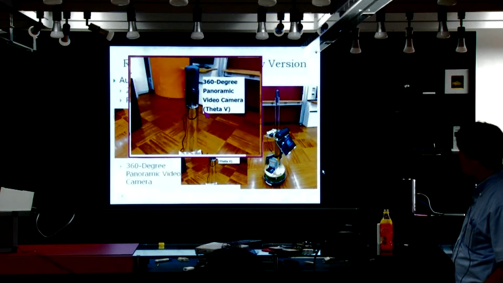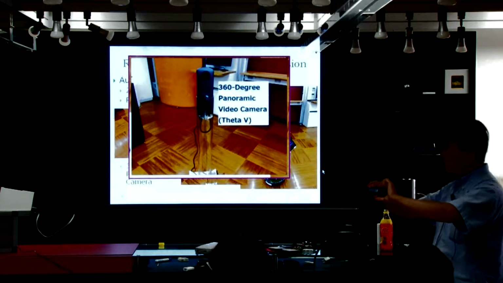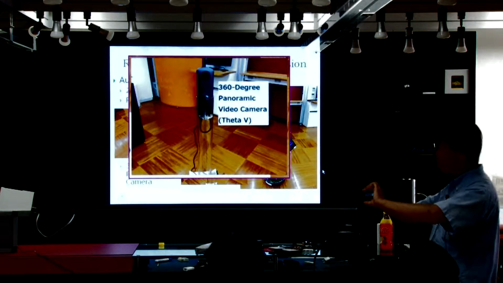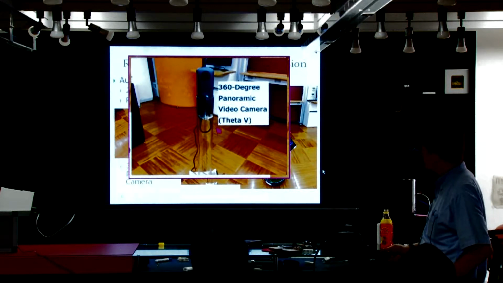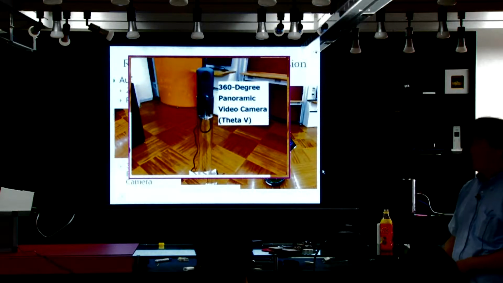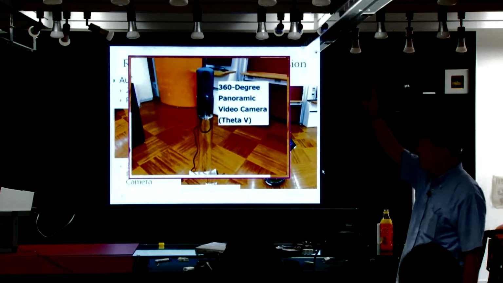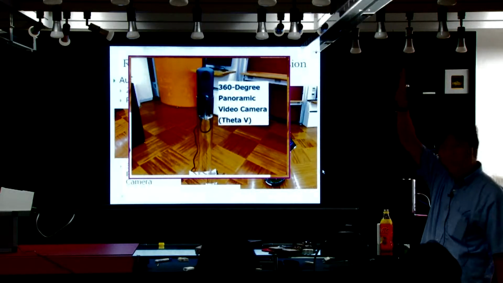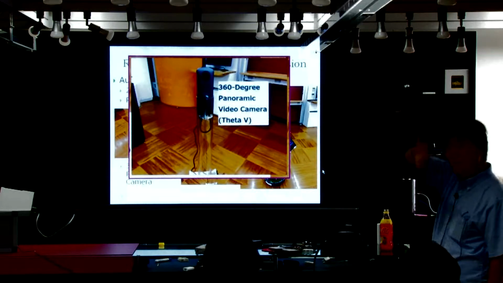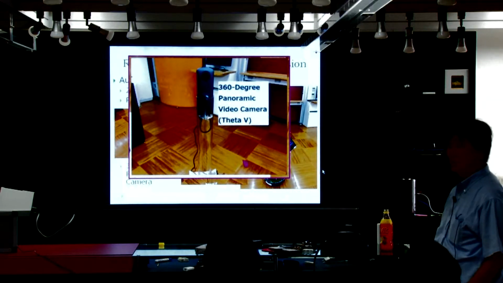The older version just used a web camera, USB camera. But this version has a panoramic camera, so an all-around panoramic image can be captured by using this camera.